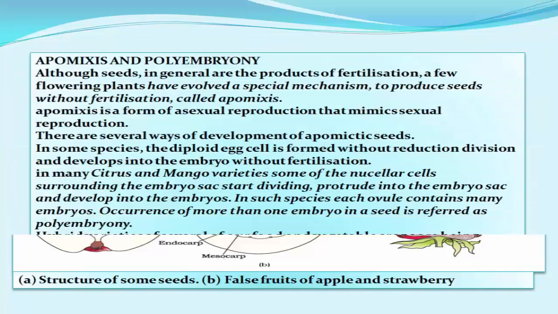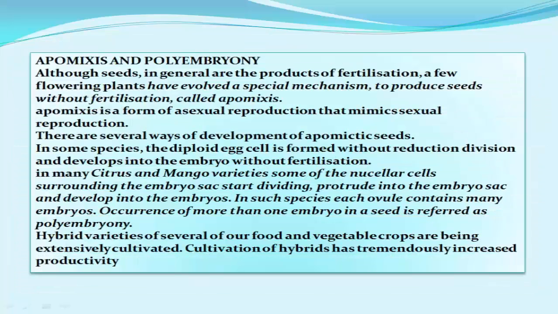Moving to the last bit of this chapter, apomixis and polyembryony. These are some of the special mechanisms that we can observe in angiosperms. In angiosperms, seeds are sometimes produced without fertilization. It is called apomixis.